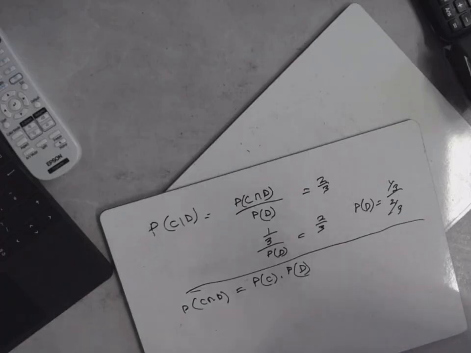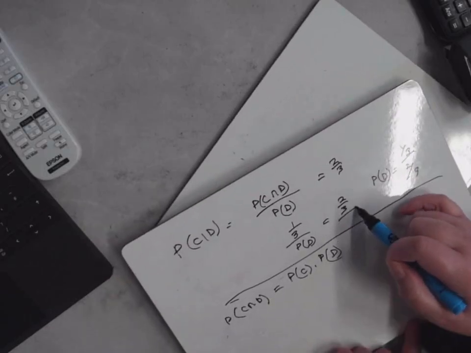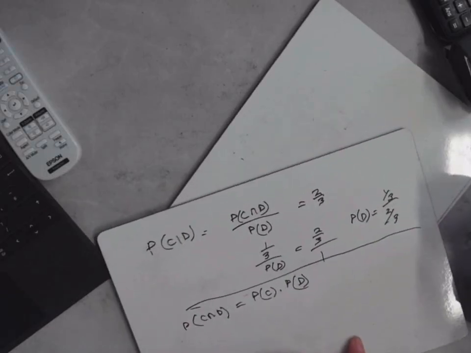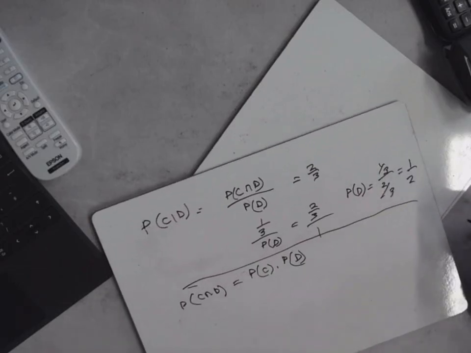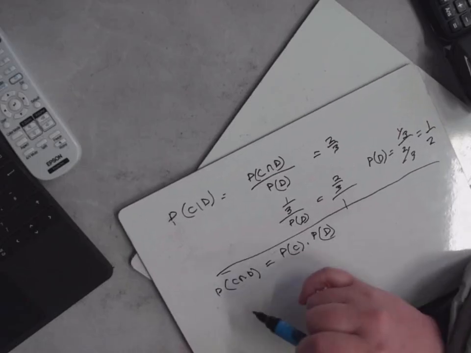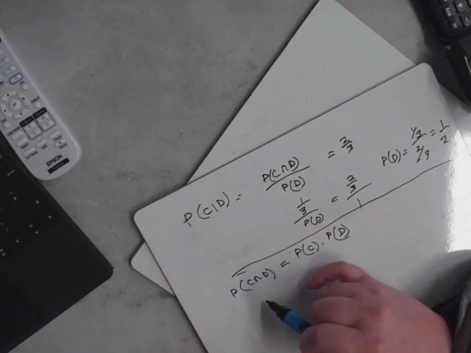I see what you mean with the fractions. I'd put that over 1 and I'd cross multiply. Equals a half. Probability of D. Did it work out to be a half? Yeah.